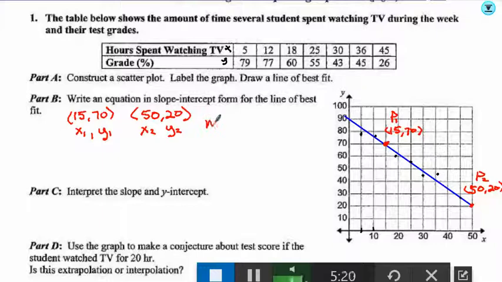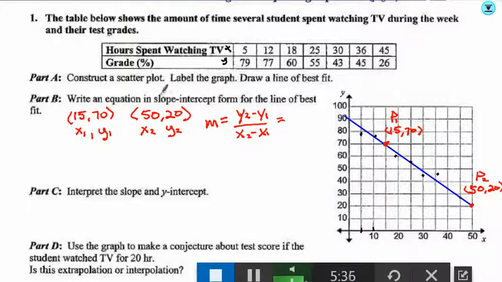And now I'm going to find slope, which is simply y2 minus y1 over x2 minus x1. So I'm just going to plug these numbers in.